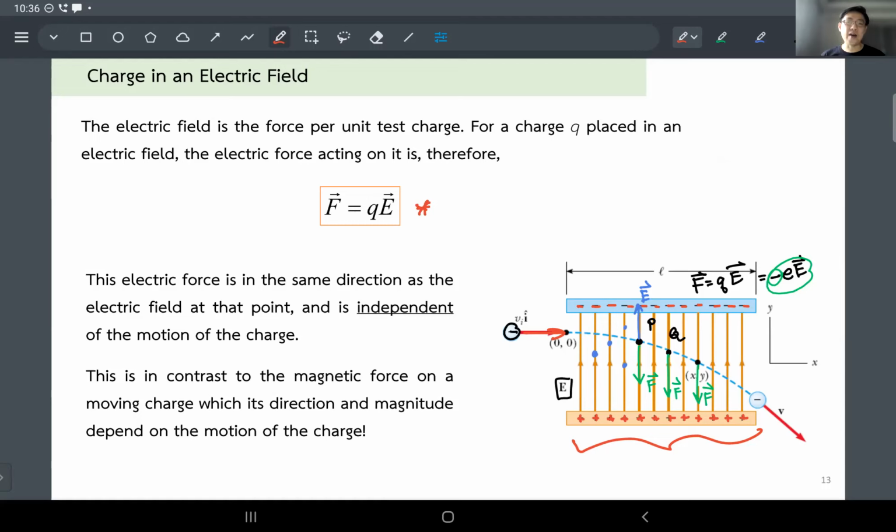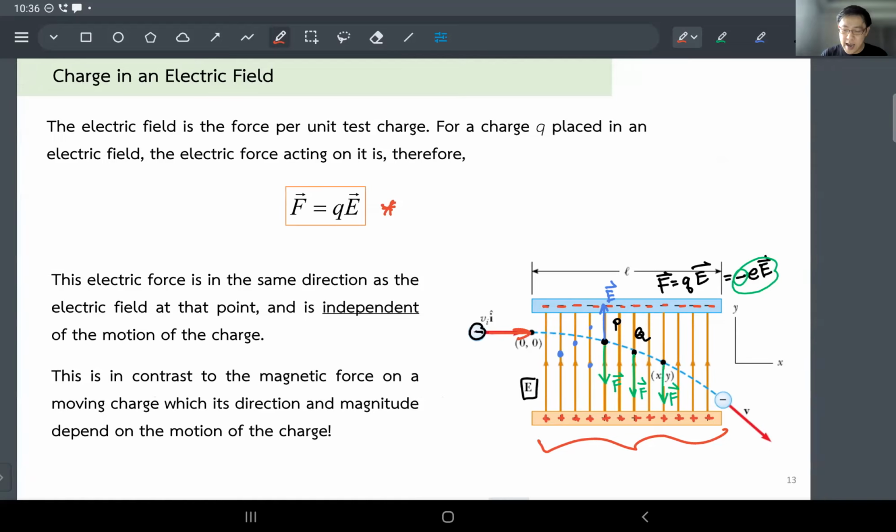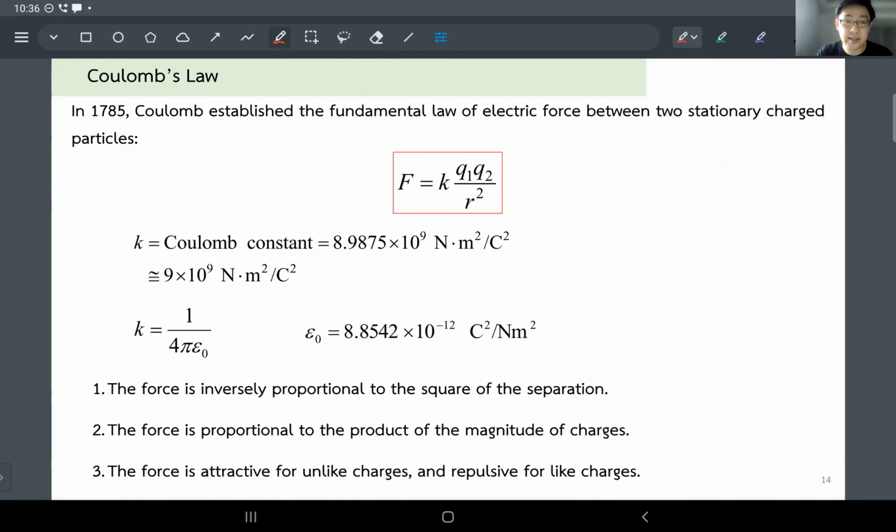I might not focus so much on this because you have already done it so many times. Don't worry too much about this, even though I might put it in homework, maybe not. I am more interested in the connection between the force and the field.